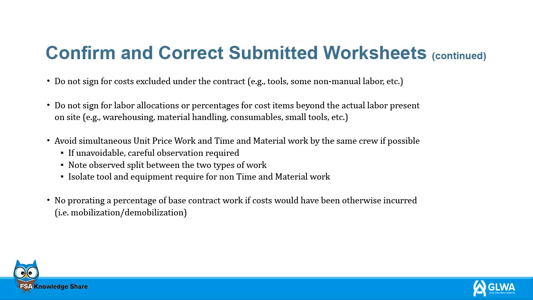If it is not avoidable, then careful observation must be required. Make a note of the split between the two types of work. Isolate and note the tools and equipment required for non-time and materials work. No prorating a percentage of base contract work, if costs would have been otherwise incurred, for example mobilization, demobilization.